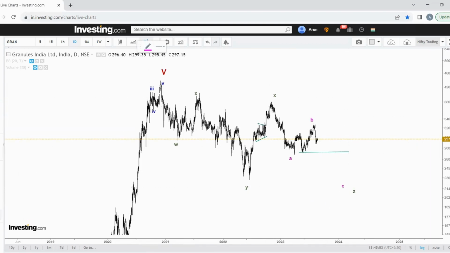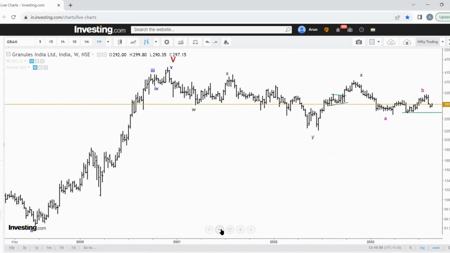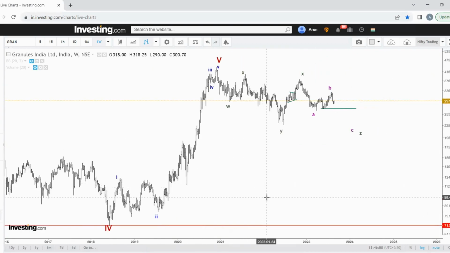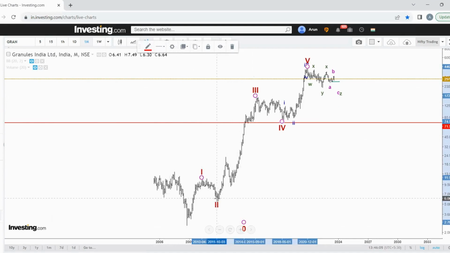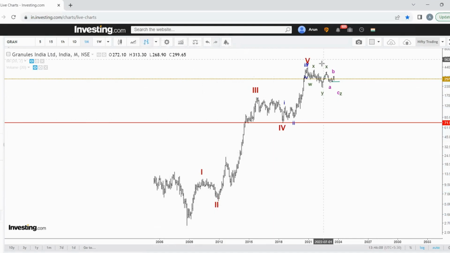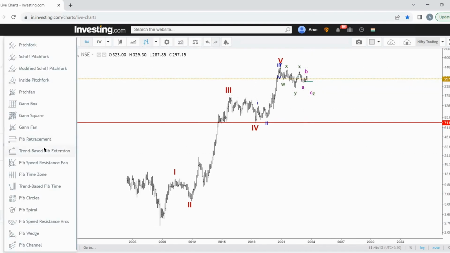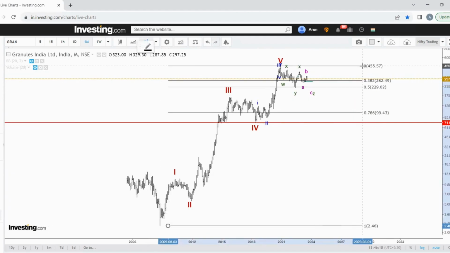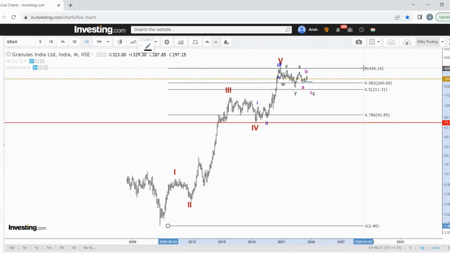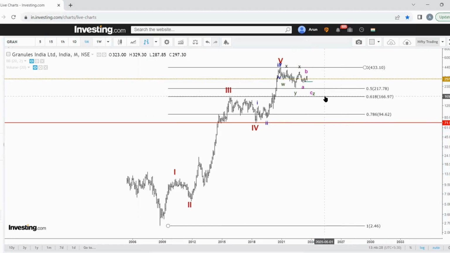Okay. So let's see. 2, 3, 4, 5. The entire 5 wave has been corrected. We should have a bigger correction. In that bigger correction, we have already reached 50%. If we take 61%, that is 167.